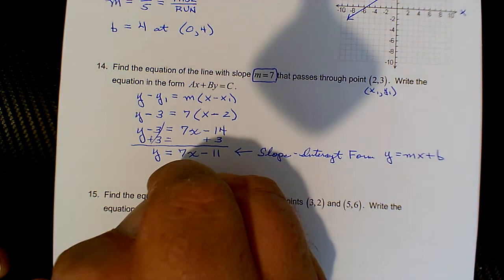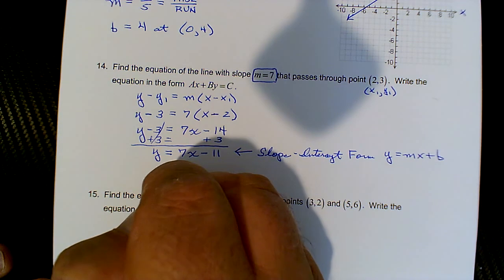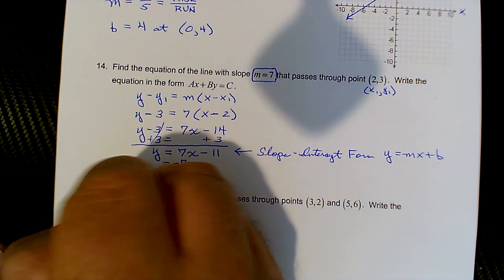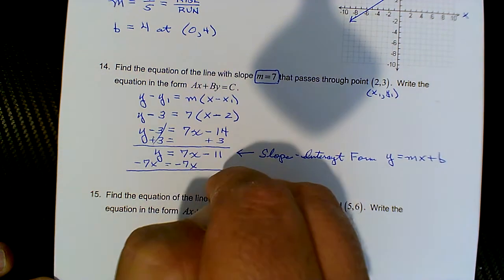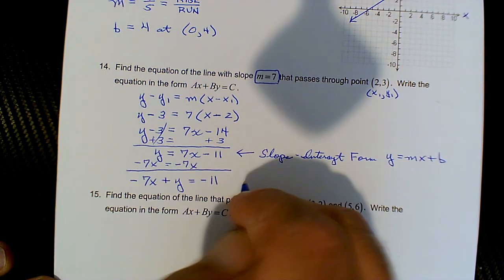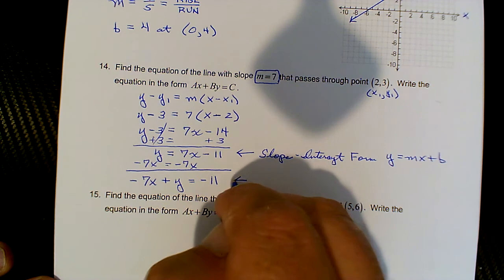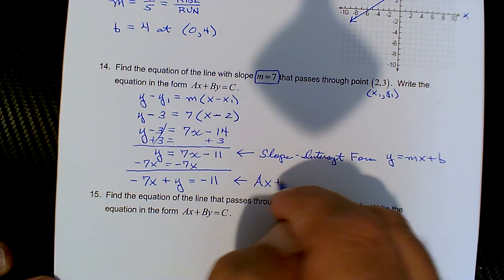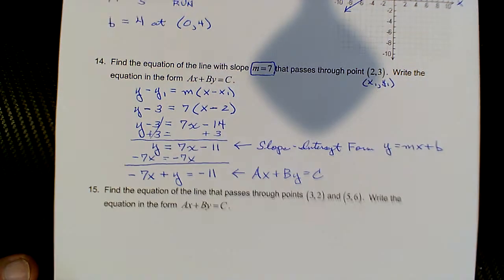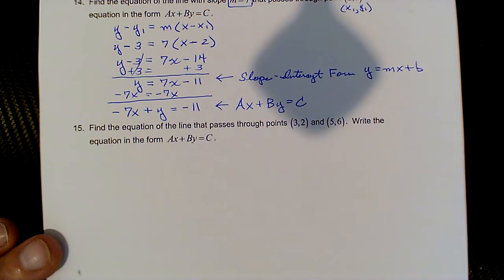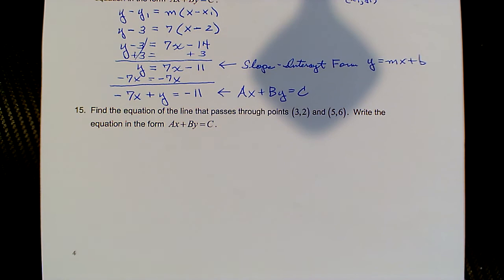So x1, y1, x2, y2, labeled, first find our slope formula, y2 minus y1 over x2 minus x1, and that gives us y2 is 6, minus y1 is 2, over x2, which is 5, minus x1, which is 3. So it gives us 4 over 2, to be 2.